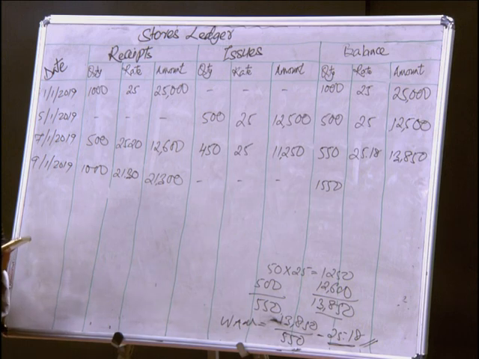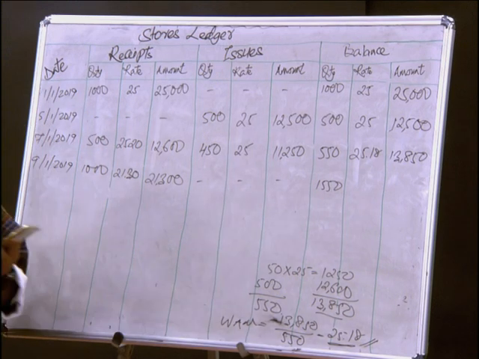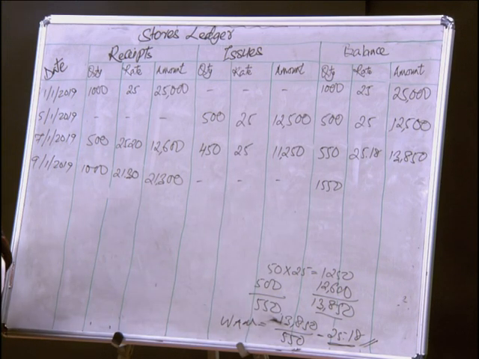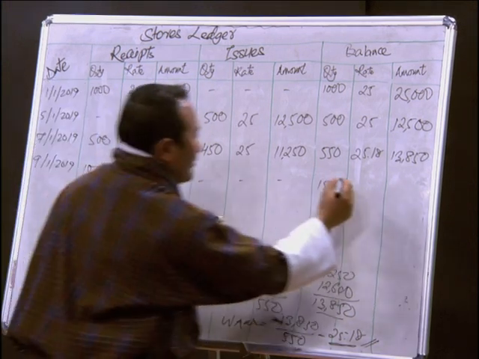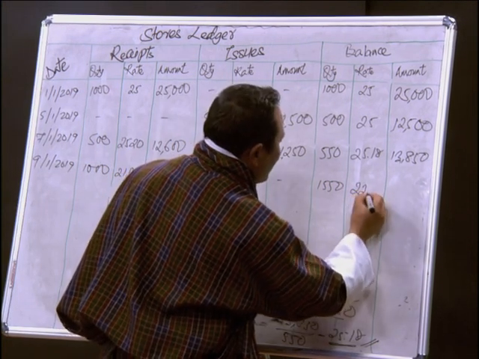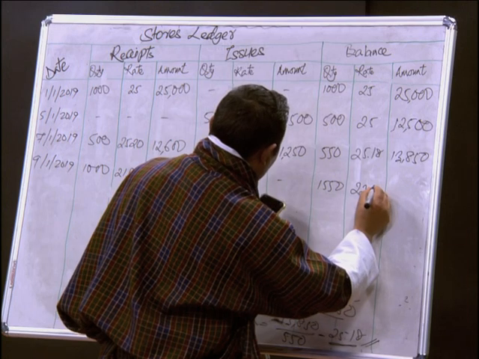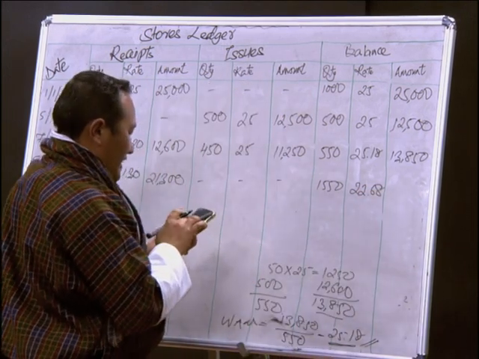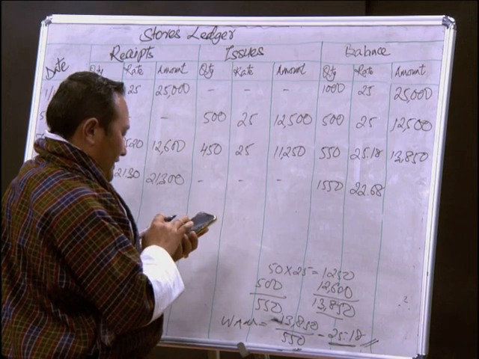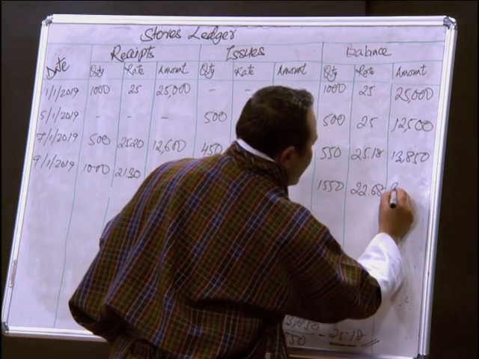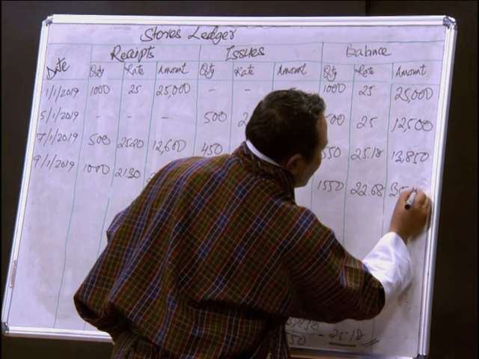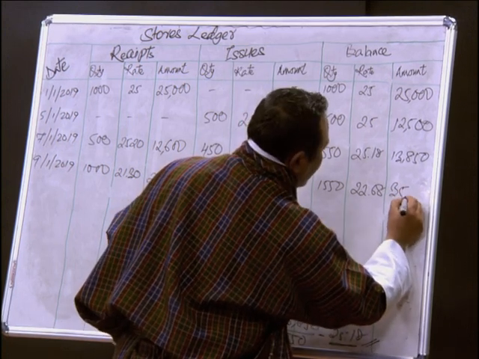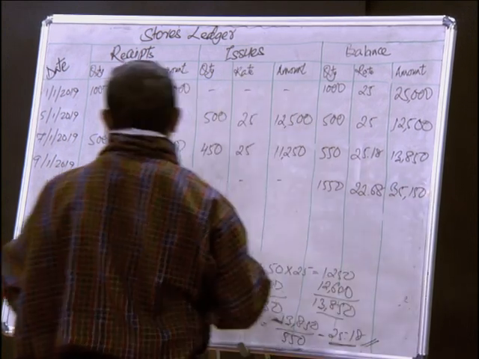In total we get 35,150, and applying the formula, we divide by the units available, 1,550. So we get the price of 22.68, rounded off. Times 1,550, we get 35,150. This is how we do the calculation for date 9's transaction.